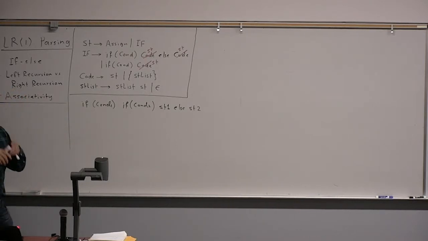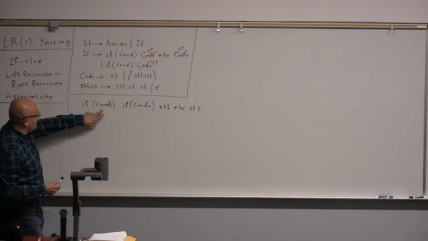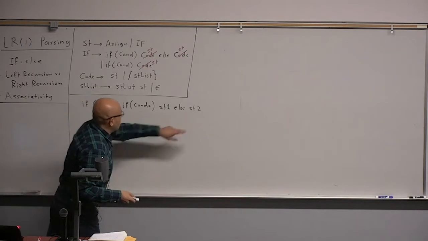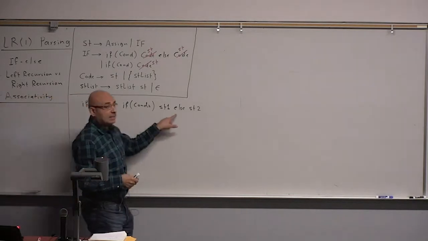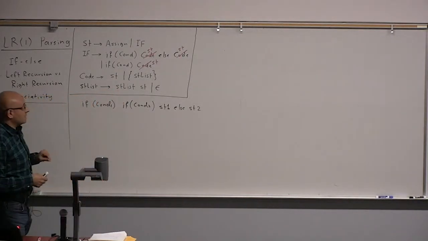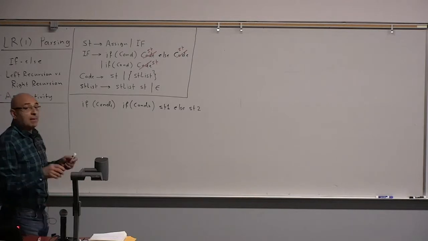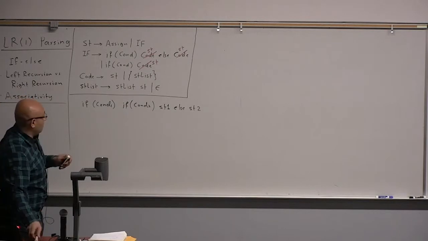So if you have something like this, if condition 1, if condition 2, do statement 1, else statement 2. Now, where is the ambiguity here? Where is the else attached to? Is it the first if or the second? Exactly. So is the else attached to the first if or to the second if? There are two possible derivations of this. Ambiguity means that you can come up with two possible derivations.